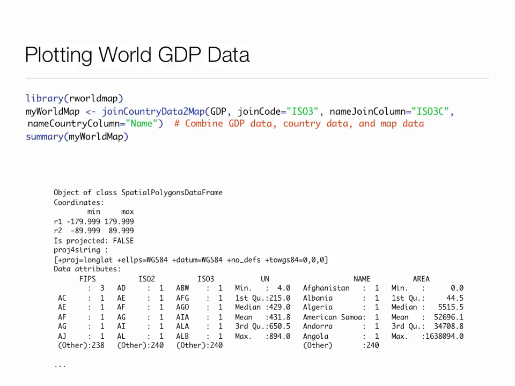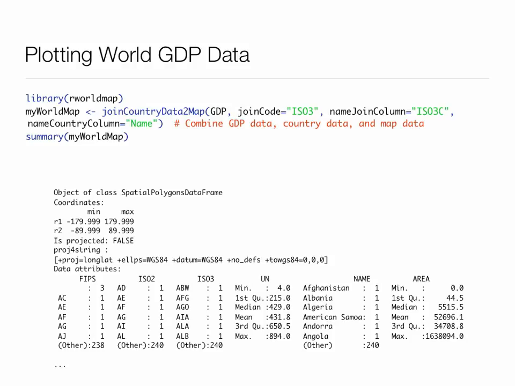We're going to tell it that the join code is ISO3C, that is, ISO 3. That is the way that we're going to be connecting GDP to countries in the map, by their ISO 3 codes. The next subcommand, nameJoinColumn, tells it you can find the ISO 3 codes in a column called ISO3C in this data set. And then finally, nameCountryColumn equals name just tells it you can find the name of the country in the column called name.